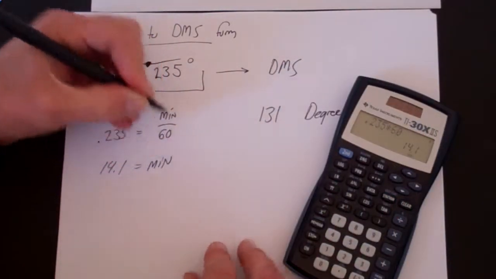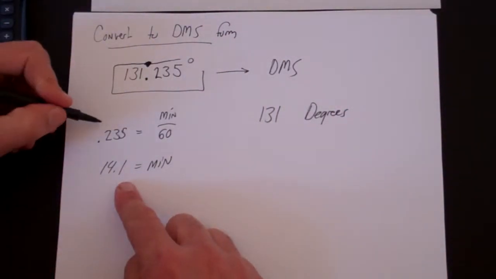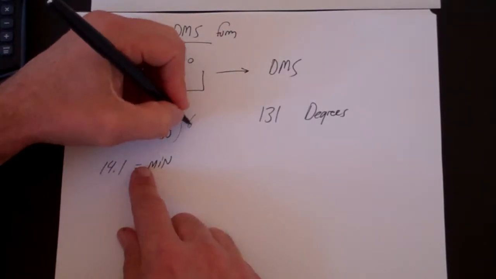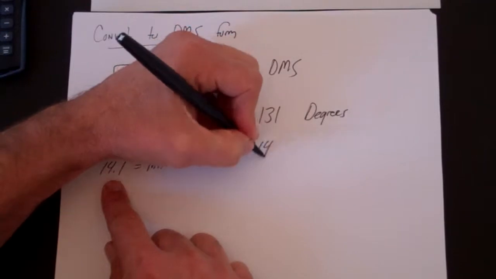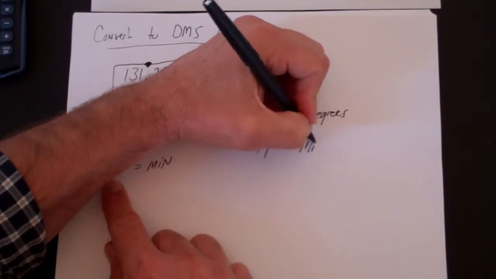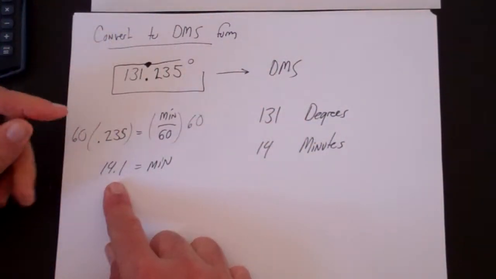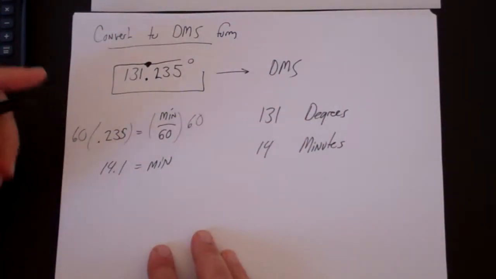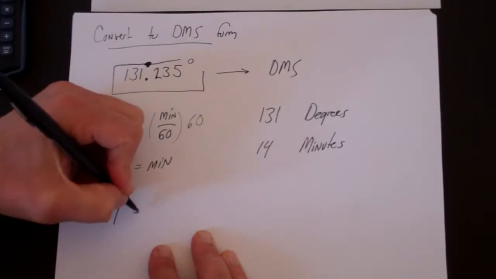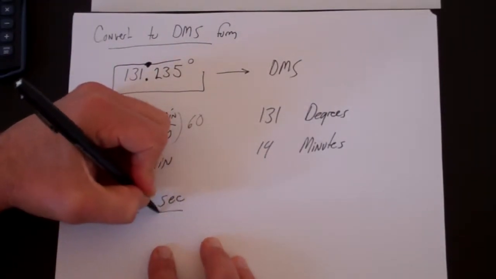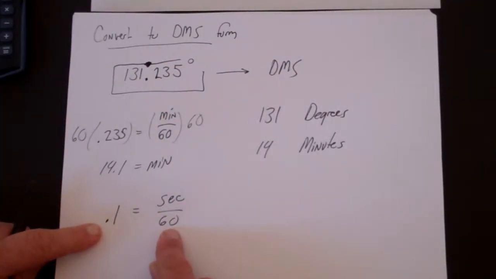14.1 minutes. But we don't want decimals. What I do here, just to back up, multiply this by 60 and this by 60. And I get 14.1. So that's 14 minutes. But now I want to take 0.1 minutes and figure out if I can convert that to seconds. So you have 0.1 is equal to seconds over 60. Now we're converting 1/10 of a minute into seconds.